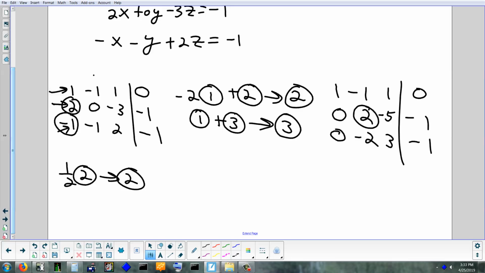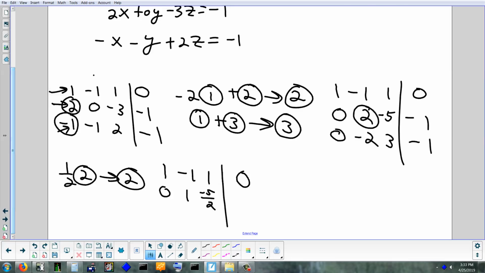So what would I write down for row 1? It'd be the same. What would I write down for row 2? 0, 1, half of 5. All right, let's just leave it as negative 5 halves.